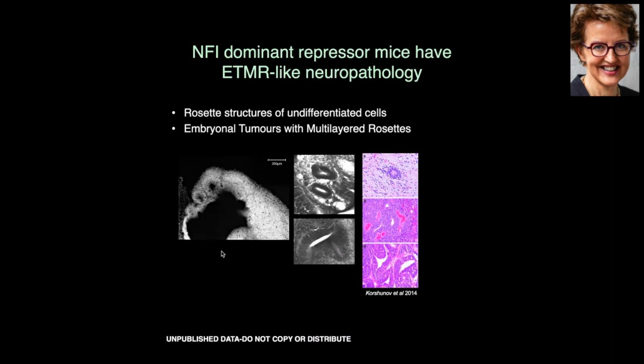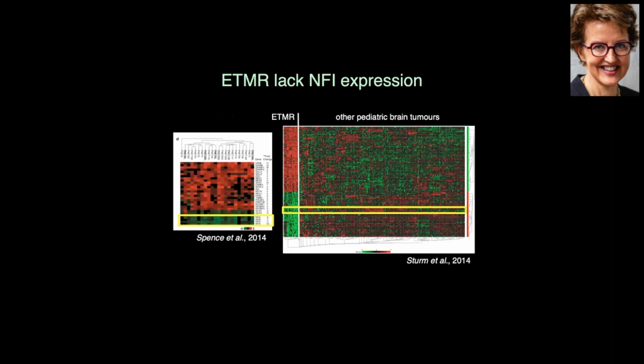This is the mouse on the left, and this is the human condition here, where you can see these rosettes that form in the brain of children with this condition. And they're usually born with this condition, and unfortunately, it is usually lethal within the first couple of years of life.